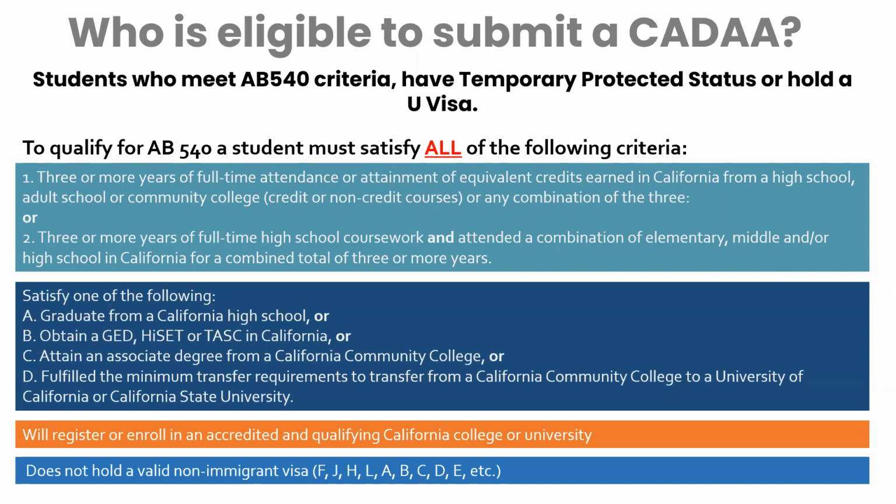Now, this criteria is all listed within the application as well. So when someone's filling out the application, they're first asked these questions to confirm if they meet this eligibility. So if a student can't quite remember all this criteria, it will be listed on the application for them before they proceed.